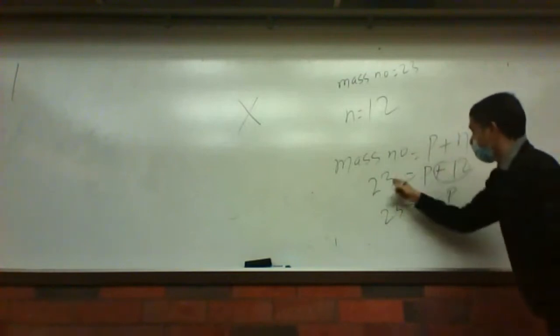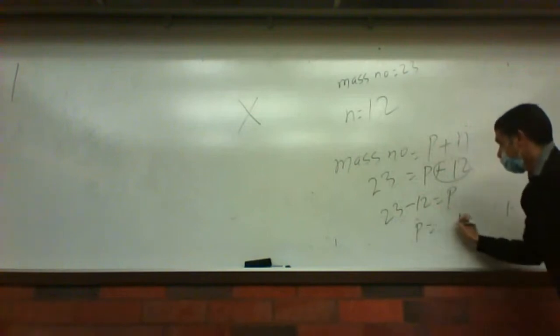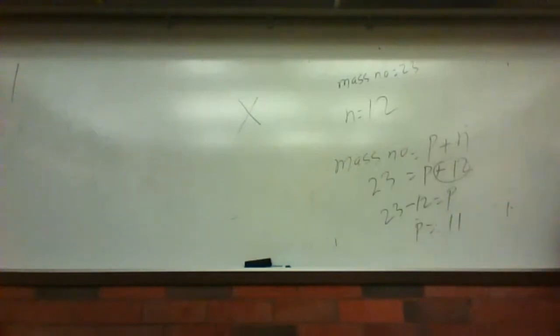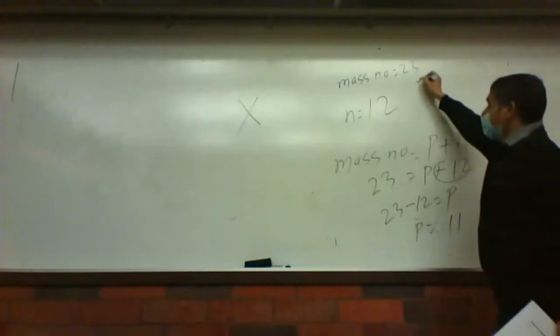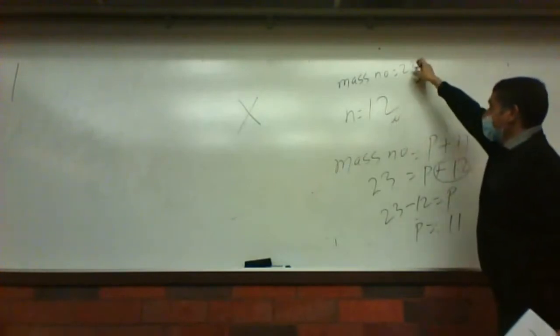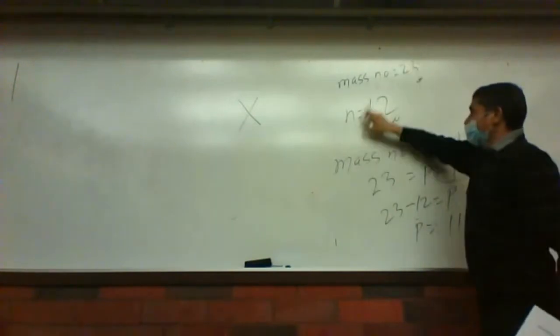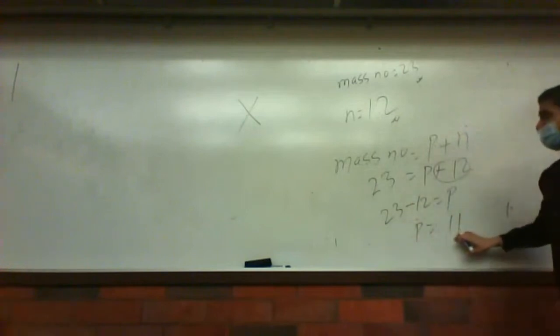I take this 12 this way and subtract it, so the proton is 11. Number of protons is 11. Make sense? The mass number is the big number, the neutron is the smaller number, so I subtracted the smaller from the big one, and what is not given is what we can count. Neutron is given, proton is that one.